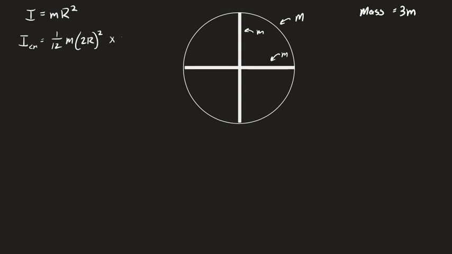And there are two of them. So this is 2/3 mr squared. I'm going fast because you were supposed to do this for homework. Adding 2/3 to 1, you get a total moment of inertia of 5/3 mr squared.